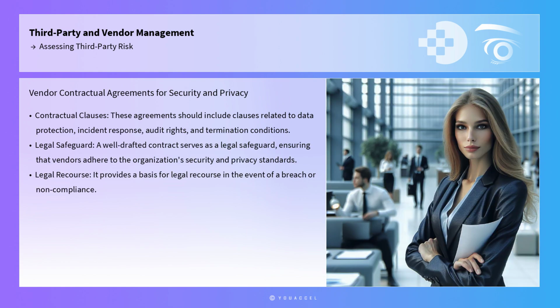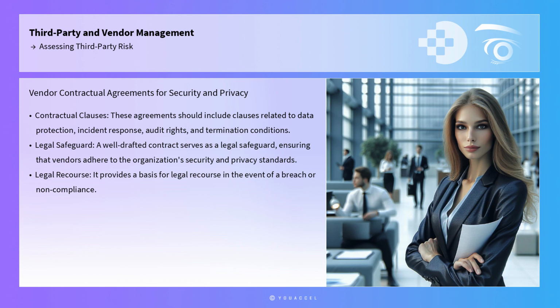Organizations should also establish clear contractual agreements with third-party vendors to define security and privacy expectations. These agreements should include clauses related to data protection, incident response, audit rights, and termination conditions. A well-drafted contract serves as a legal safeguard, ensuring that vendors adhere to the organization's security and privacy standards.